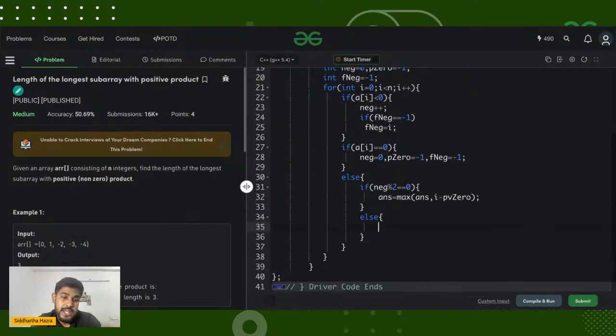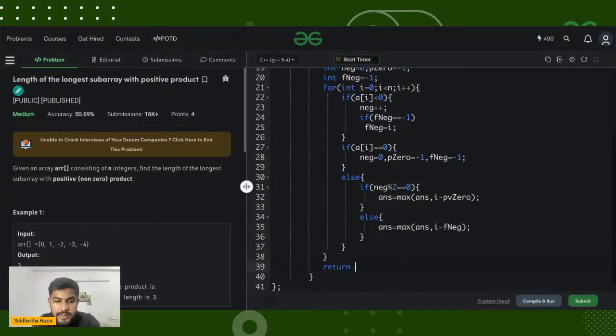If this is not the scenario, that is, the number of negative values is odd, then answer is equal to max of answer, comma, i minus first negative. And after all this, we would return the value of the answer itself.